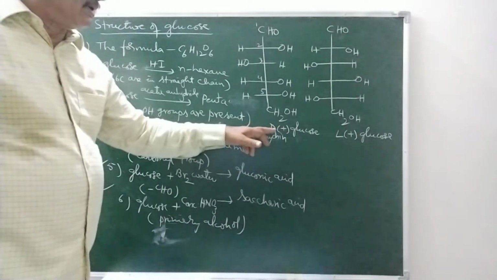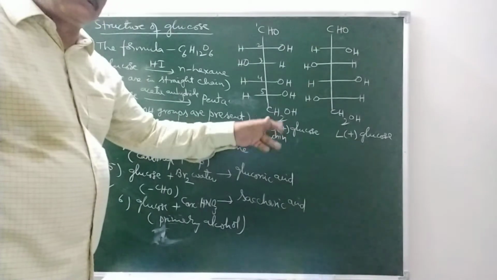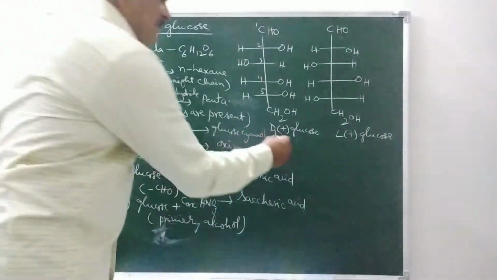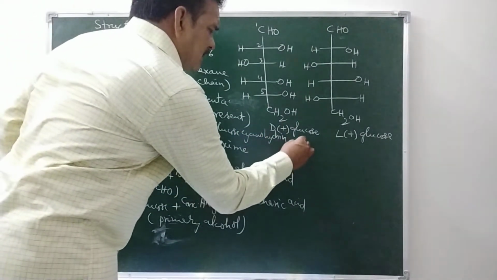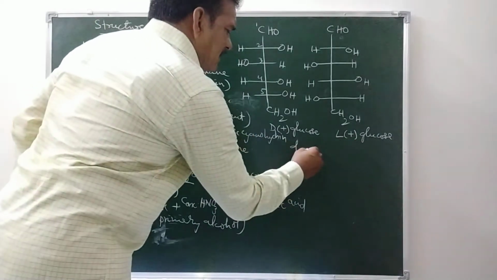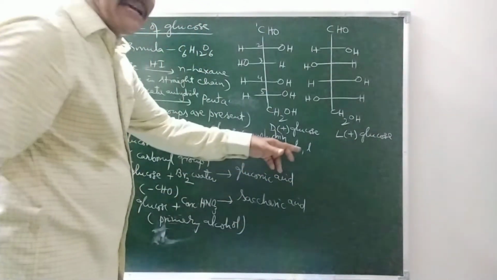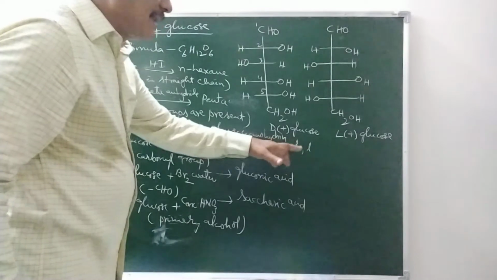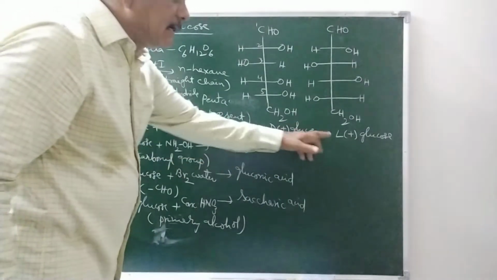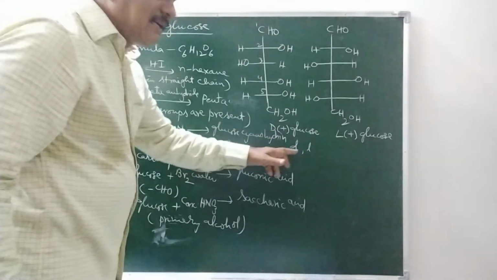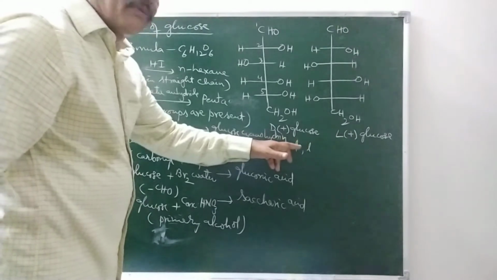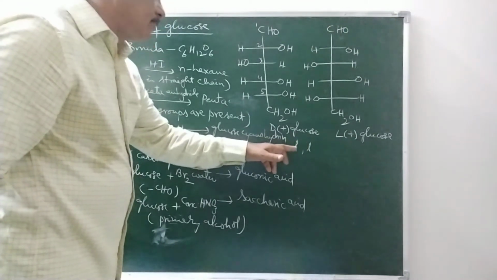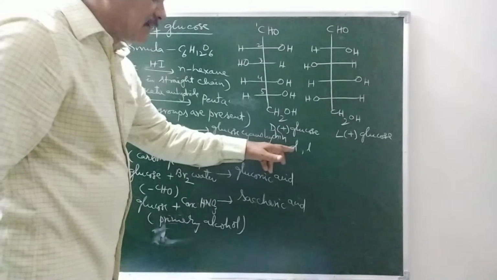So D, L and plus and minus. Plus can be treated as a small d, and minus can be represented as small l. These small d and small l are different from capital D and capital L. Small d and small l represent optical isomers.